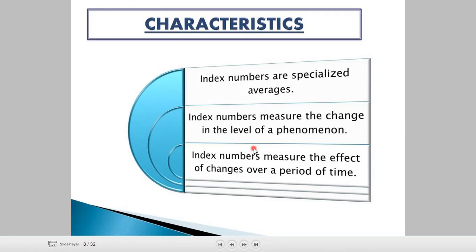That is also calculated with the help of index number, which shows the change in the price or value of various products which are consumed by a family in a particular period of time.